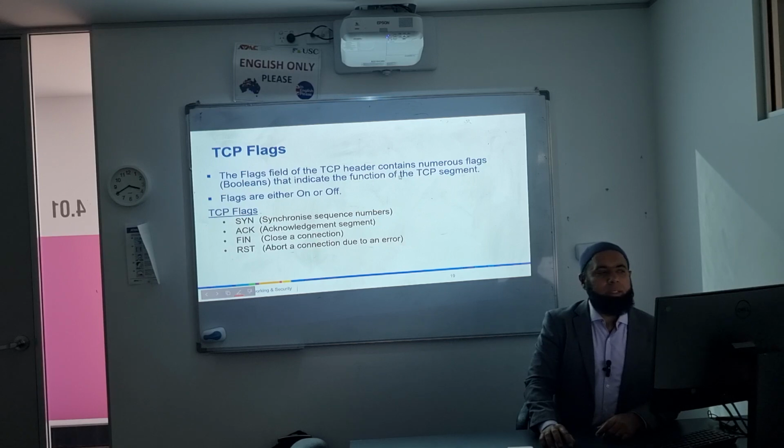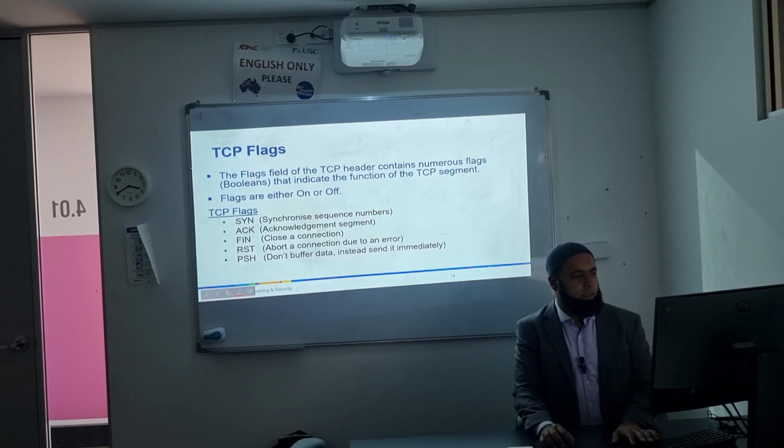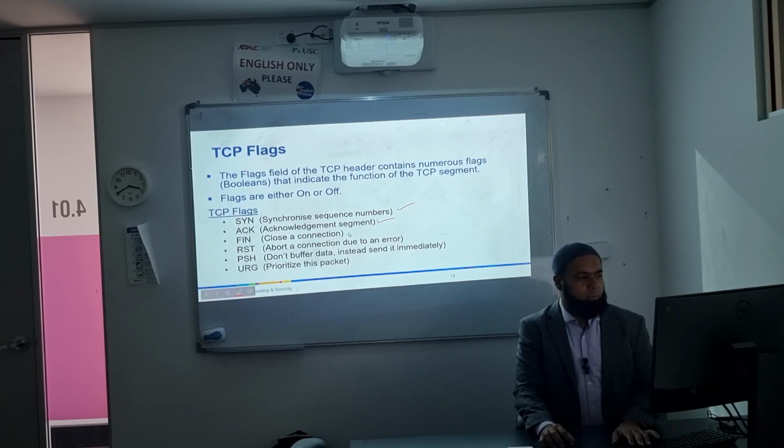So a flag's job is mainly in the form of a boolean. Boolean means either on or off. So there are a number of flags: SYN, synchronization sequence number; ACK, acknowledgement segment; FIN, which is closing a connection; RST, abort a connection due to an error; push, PSH, do not buffer data, instead send it immediately; or URG, urgent, prioritize this packet.